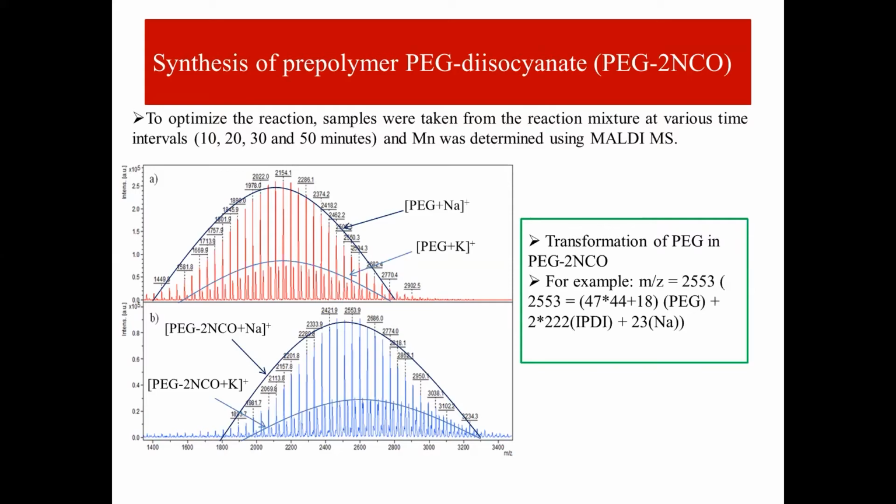Analyzing both spectra, the transformation of polyethylene glycol into polyethylene glycol modified with two isocyanate groups can be observed. For example, if you consider one peak, we can observe that its molecular weight consists of several ethylene glycol groups, 2 molecules of isophorone diisocyanate, and 1 sodium ion, corresponding to the formation of the desired compound.